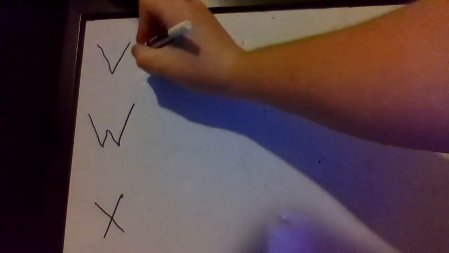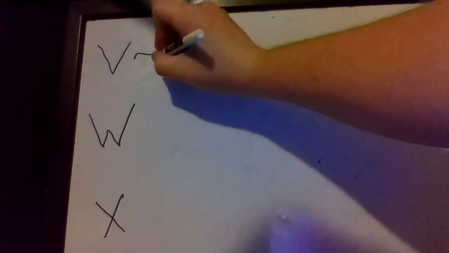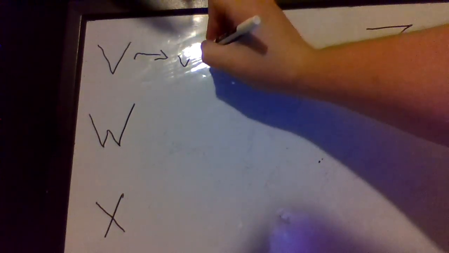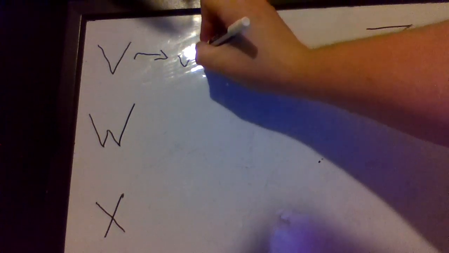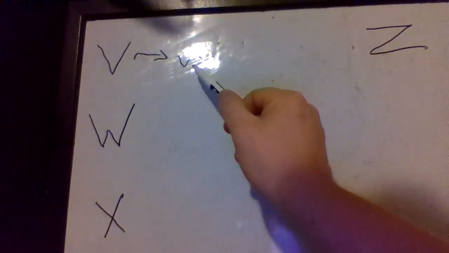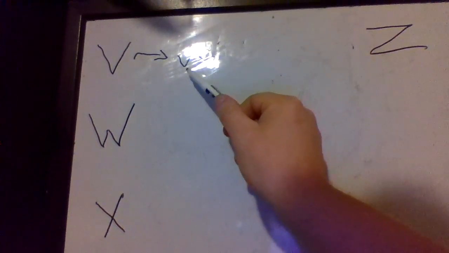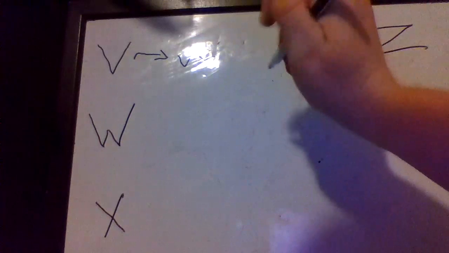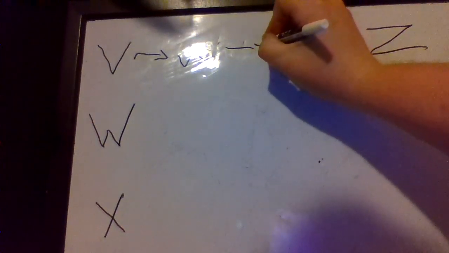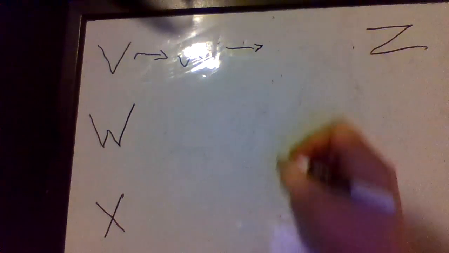So we are going to pair V with the vowel E. So we got V, E. So now we're going to make some words, as many words as we can.